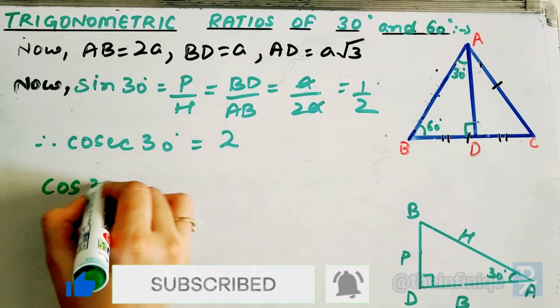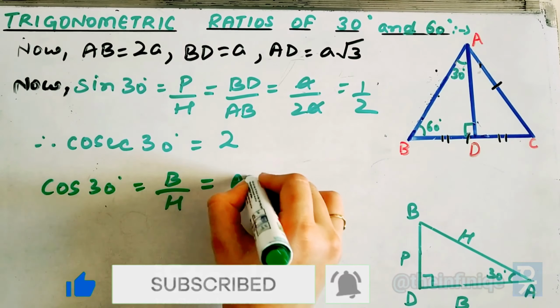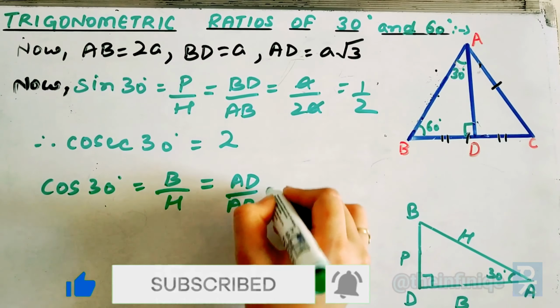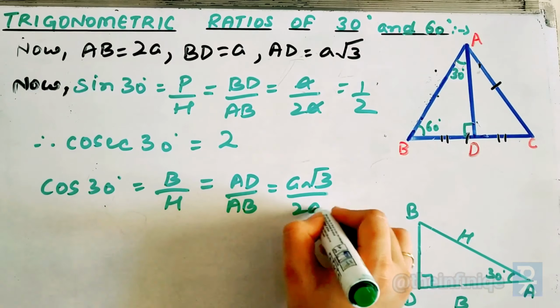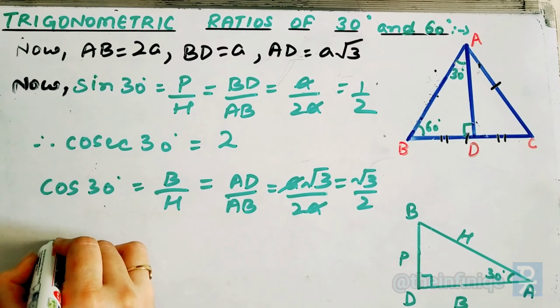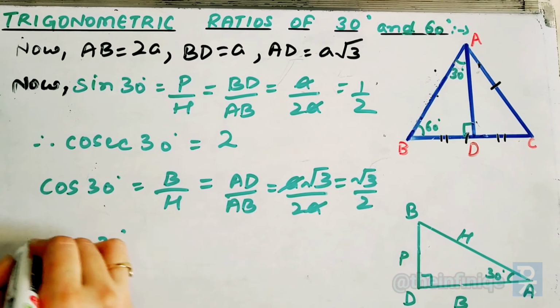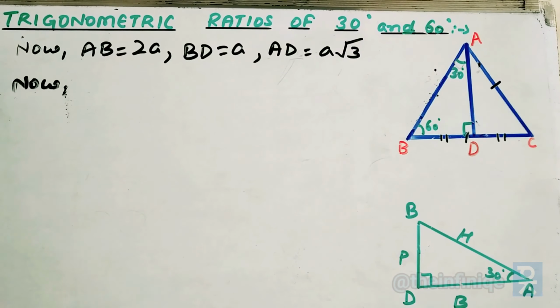Then cos 30 degree, which is equal to base upon hypotenuse. Base is AD upon hypotenuse is AB, and AD is a root 3 and AB is twice of a. a and a cancel, root 3 by 2. Therefore sec 30 degree is equal to 2 by root 3.